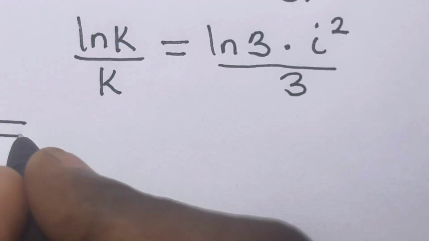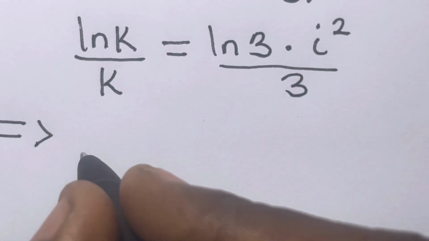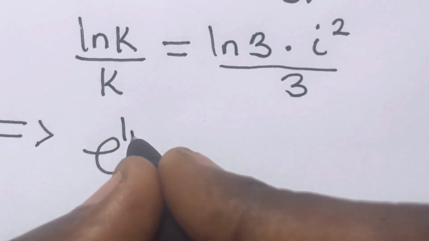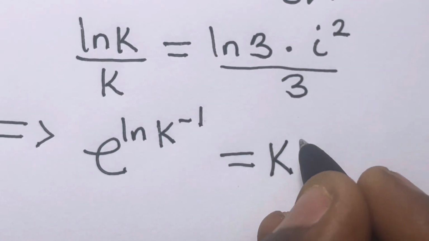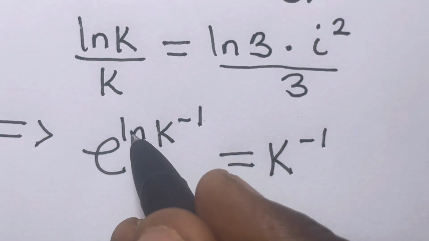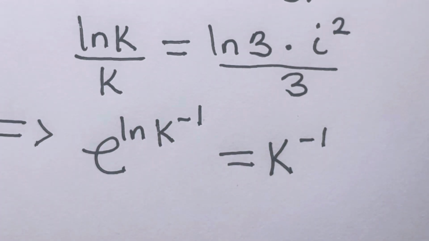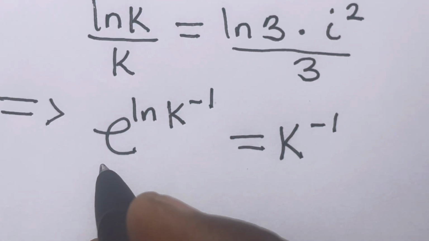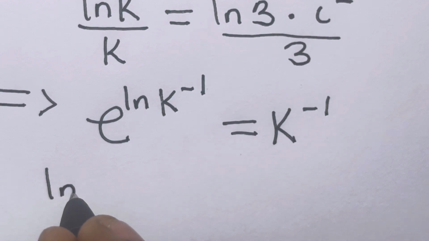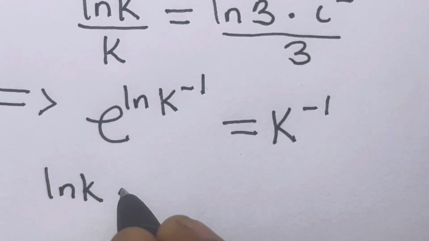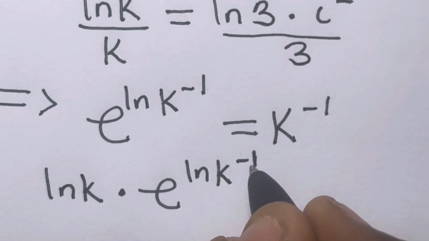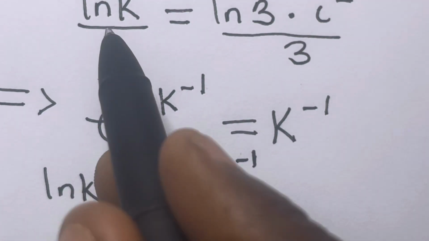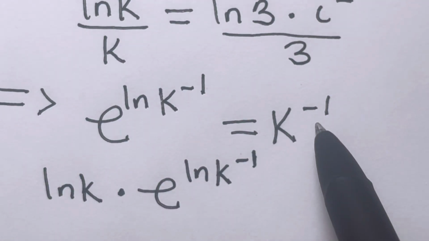From here, we know that if you have exponential ln k raised to power minus 1, this equals k raised to power minus 1, because this exponential and this ln cancel. So now, if you have ln k times exponential ln k raised to power minus 1, this is k raised to power minus 1.